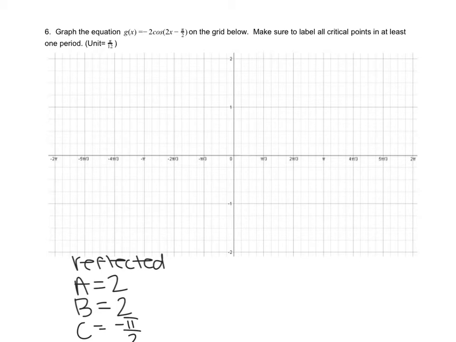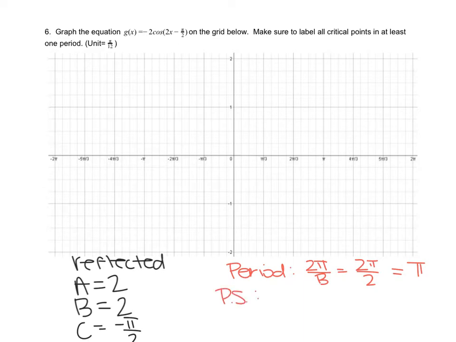So if we start with the period, the period is 2 pi over b, and with b being 2, that gives us 2 pi over 2, which ends up giving us a period of pi.